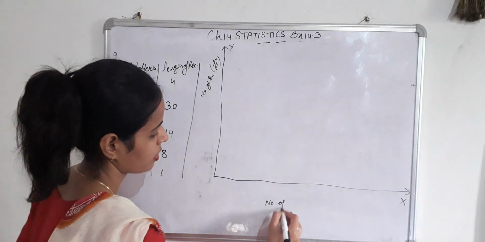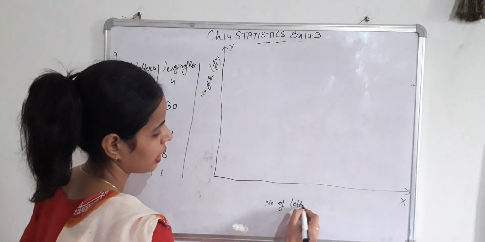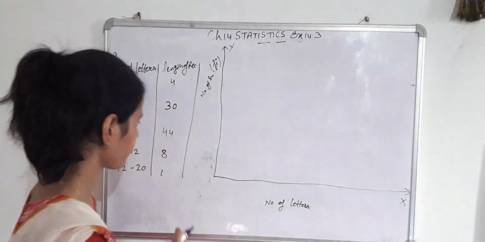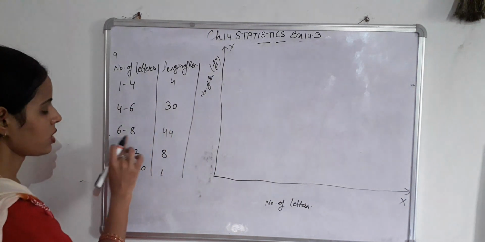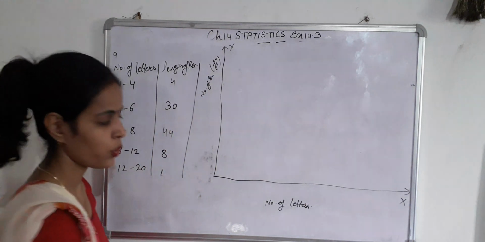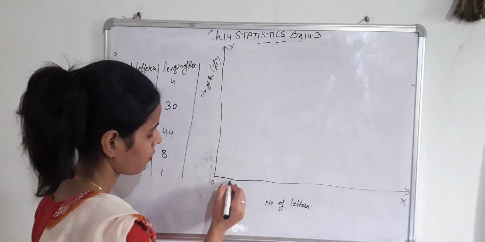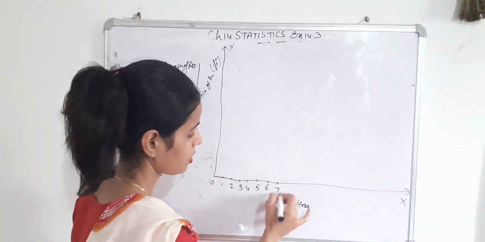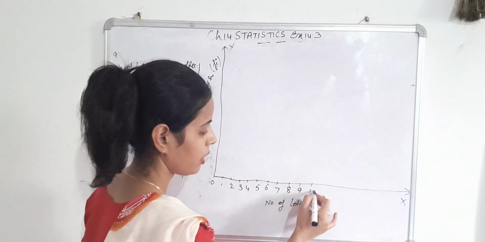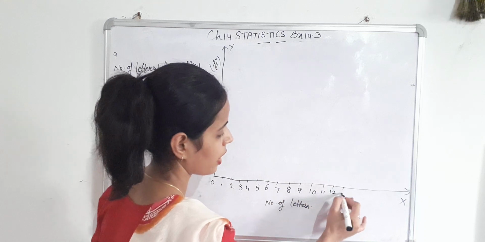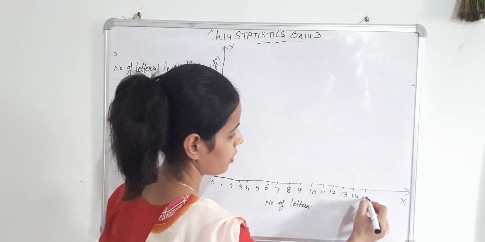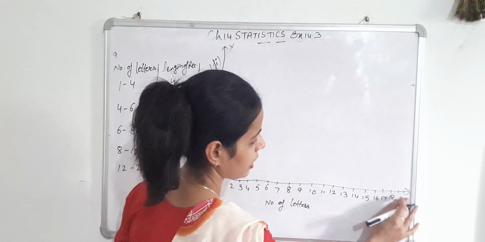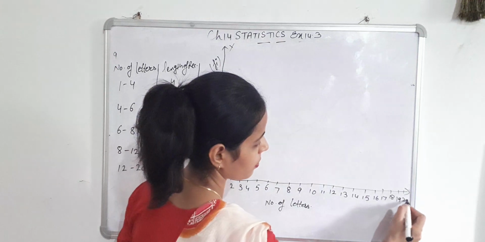On the X-axis, number of letters or class intervals: 1 to 4, 4 to 6, 6 to 8, 8 to 12, 12 to 20, marked 1 through 20.